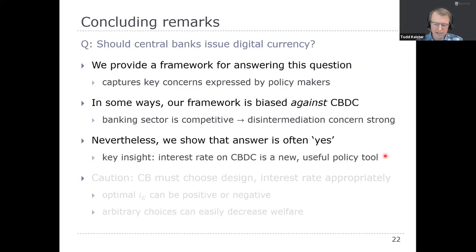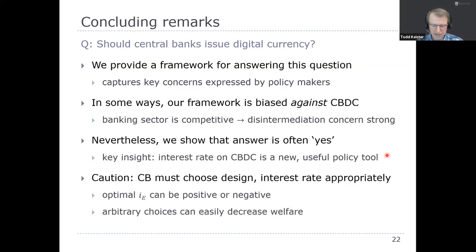And the key insight is that the interest rate on the digital currency is a new policy tool, and the central bank can use that to manage whatever trade-offs arise. I'll just end with a note of caution. Another way to read our results is that a central bank digital currency is good as long as the central bank chooses the design and the interest rate appropriately.